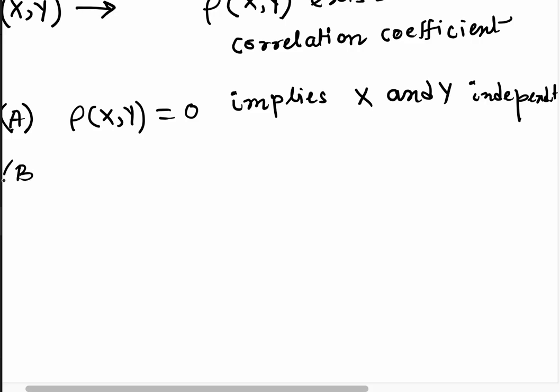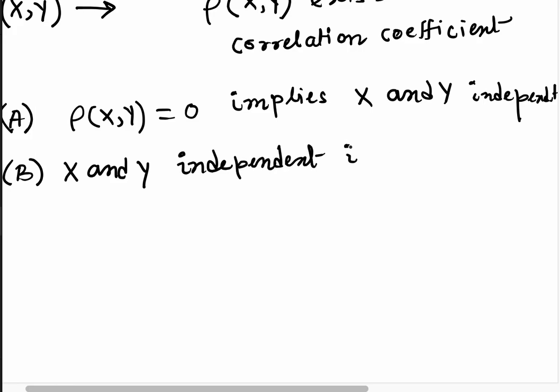B: X and Y independent implies rho(X, Y) is 0.